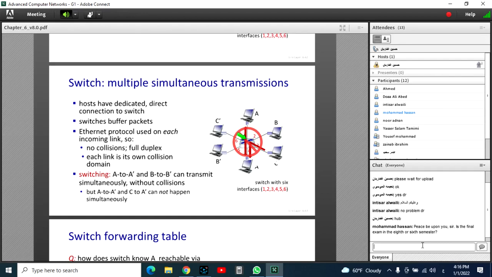At the same time, we cannot send. When A is sending data to A prime, the switch cannot at the same time send the information received from C to A prime.